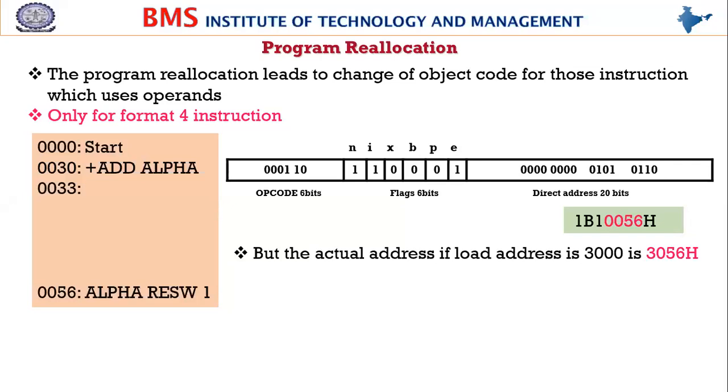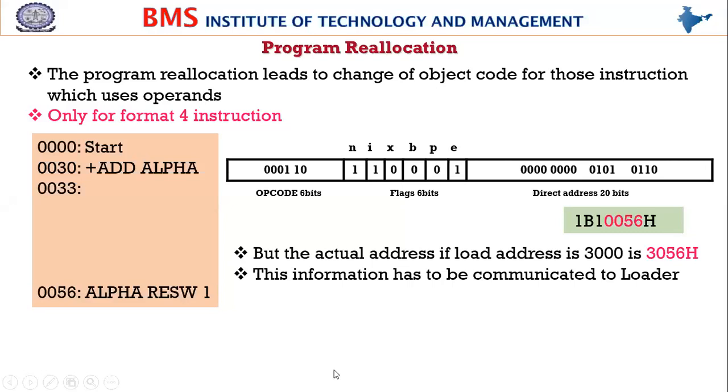So it's the responsibility of the assembler to inform the loader that alpha has been assembled relatively, but its address is supposed to be changed depending on the load address given by the operating system. This information has to be communicated to the loader.